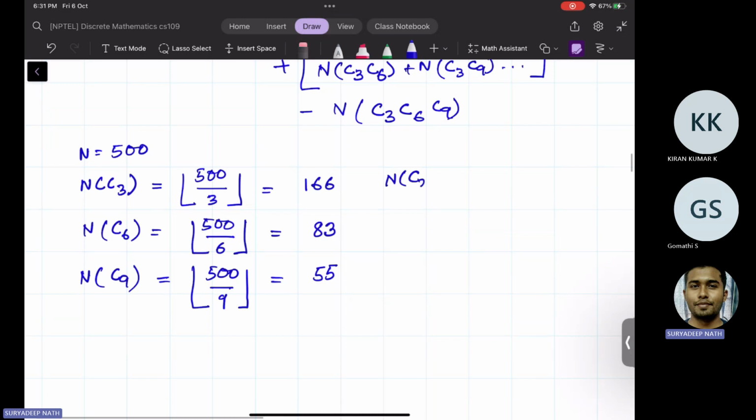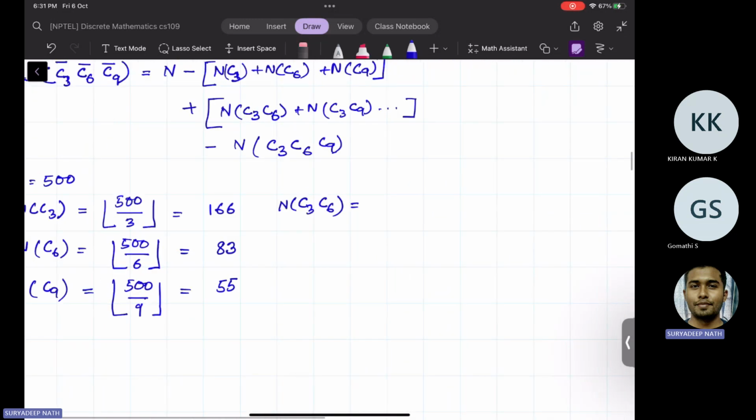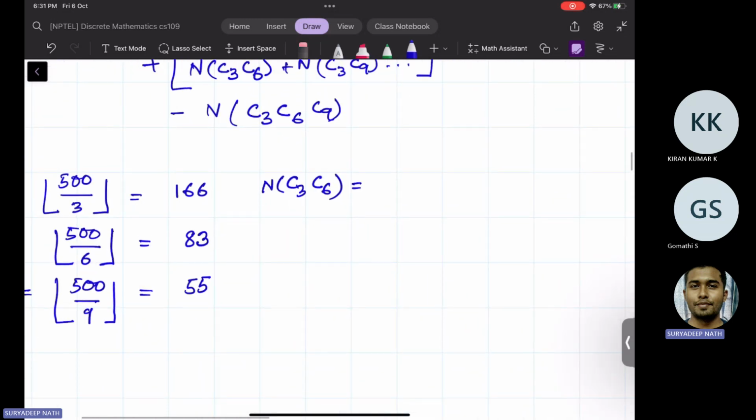Let's say C3 and C6. There would be 6 combinations you'll have to find out. For 3 and 6, divisible by both, we take the LCM of 3 and 6, which is 6 itself.